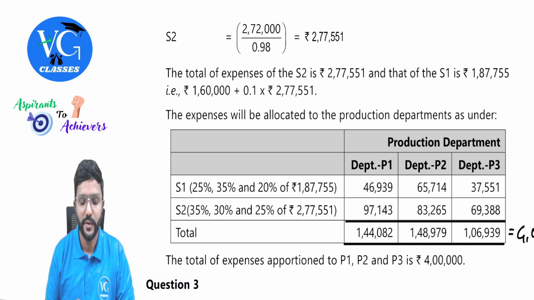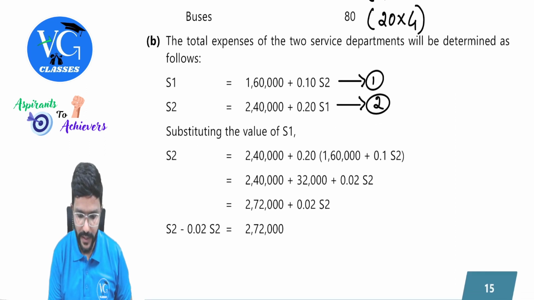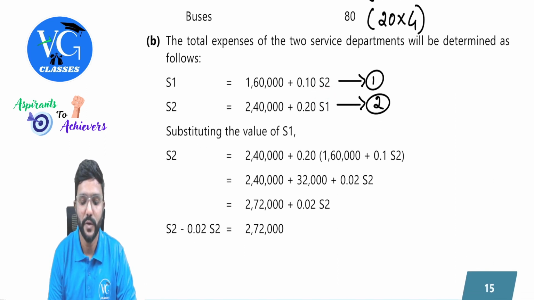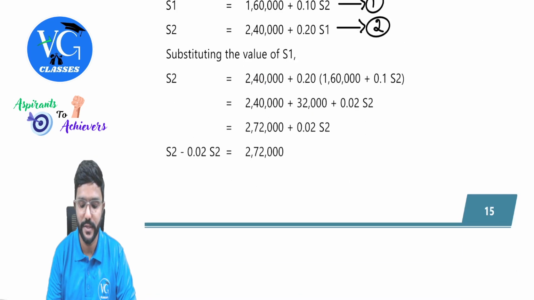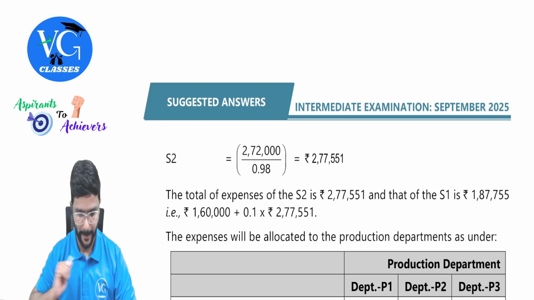Substitute the value in the equation: 1,60,000 plus 10% of 2,77,551, and we get 1,87,755. That is the total cost of service department 1.